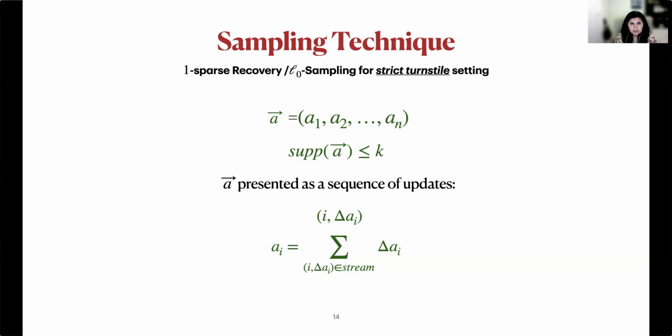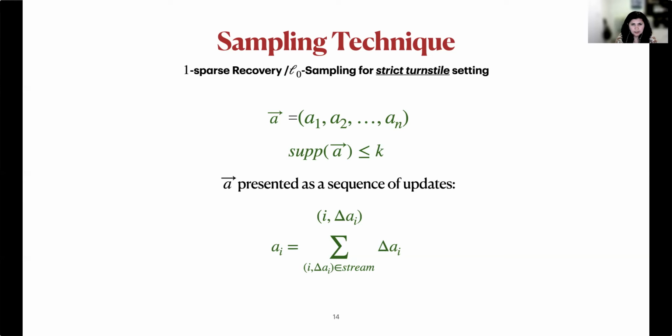We consider a vector A which has entries A1, A2 up to An, and the support of A, which is the number of non-zero entries in A, is at most K. For demonstration purposes, we assume that its support is at most 1, that is, K is 1.